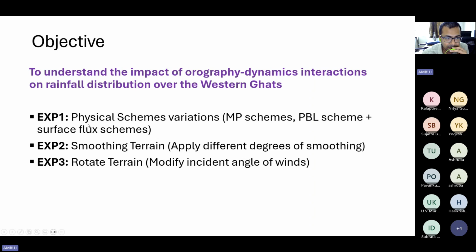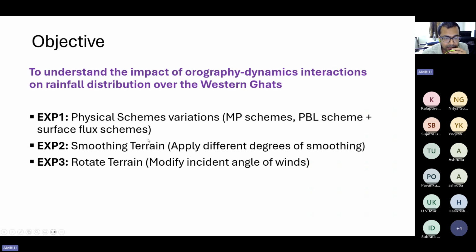In the first experiment, we found the best suitable physical schemes, meaning which combination of microphysics scheme, planetary boundary layer scheme, and surface flux scheme will work for this particular region and give simulations closer to observations.